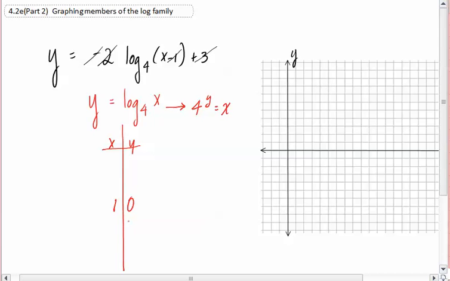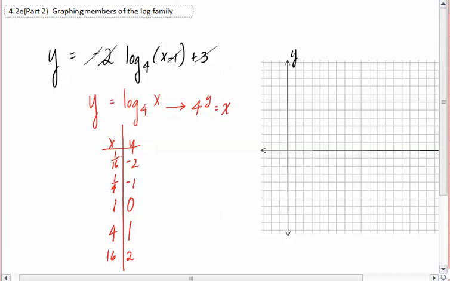Let's get larger with the exponent. If we have a 1 here, we have a 4 here. If we have a 2 here, we have a 16. Again, if you've been watching the previous videos, this is the same function as before. If we have a negative 1 in the exponent spot, we're going to have a positive 1/4. If we have a negative 2, we have a 1/16.